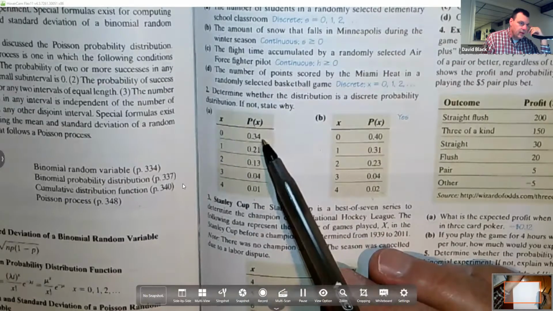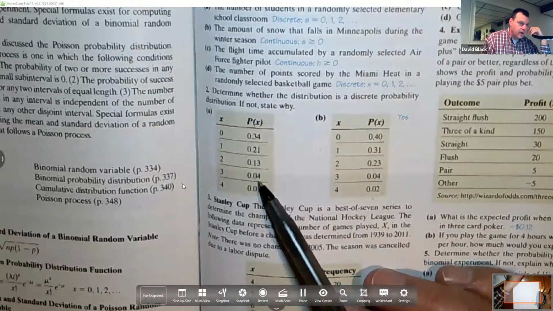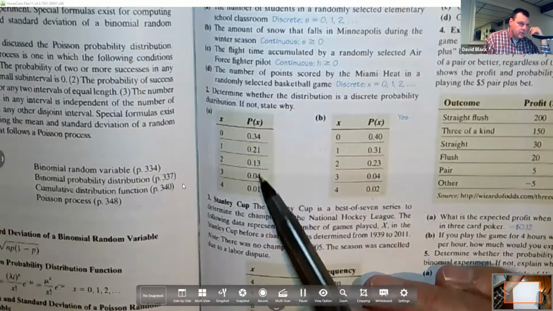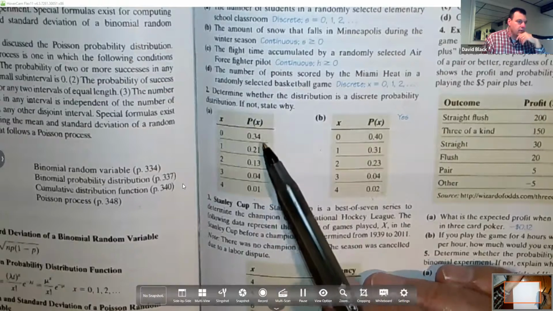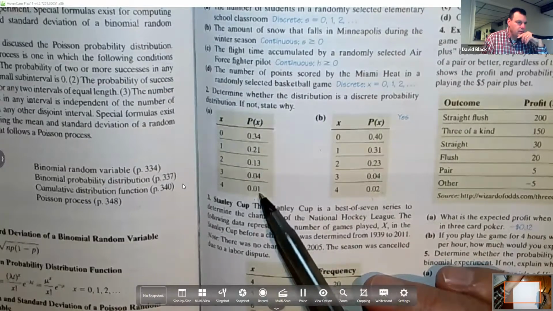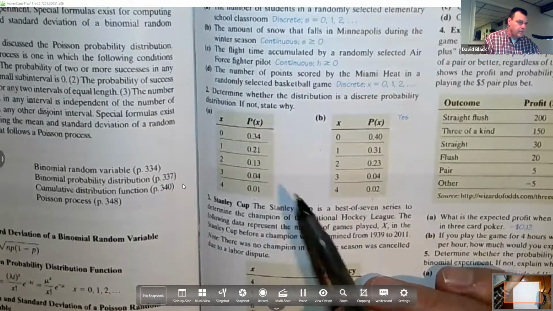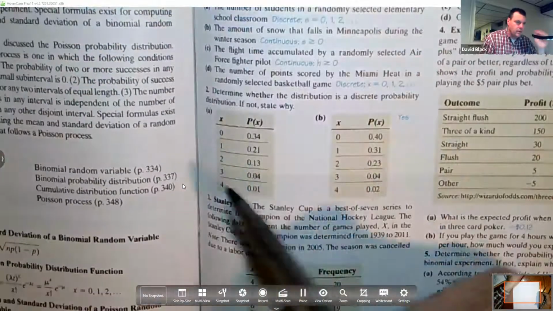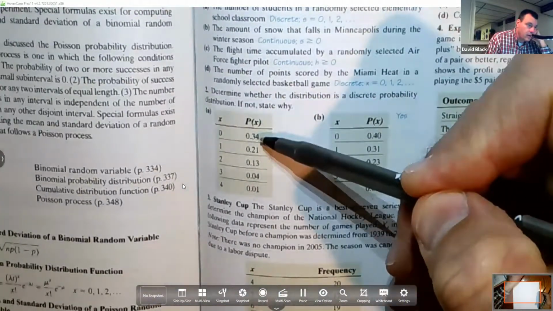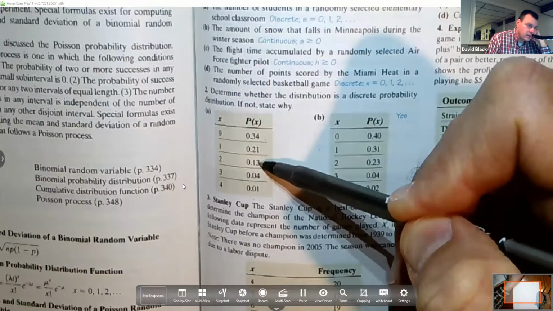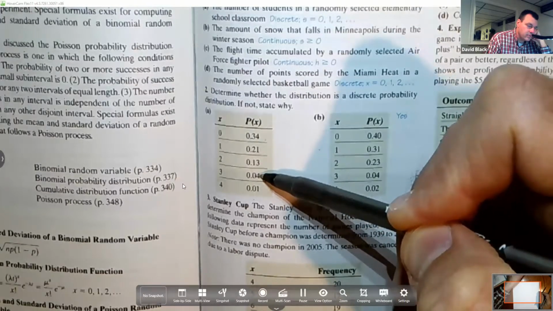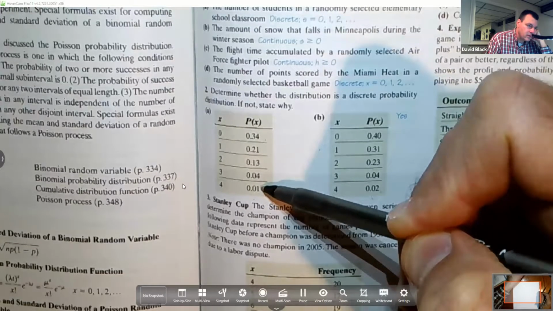Determine whether the distribution is a discrete probability distribution. Remember, we're just looking at, are all these individual probabilities 0 to 1 inclusive? In other words, we don't want to see a negative, or something bigger than 1. And do they all add up to 1? Let's add them. We can do that almost in our head. 0.34 and 0.21 is 0.55, and 0.13 is 0.68. 0.04 is 0.72, and 0.01 is 0.73.